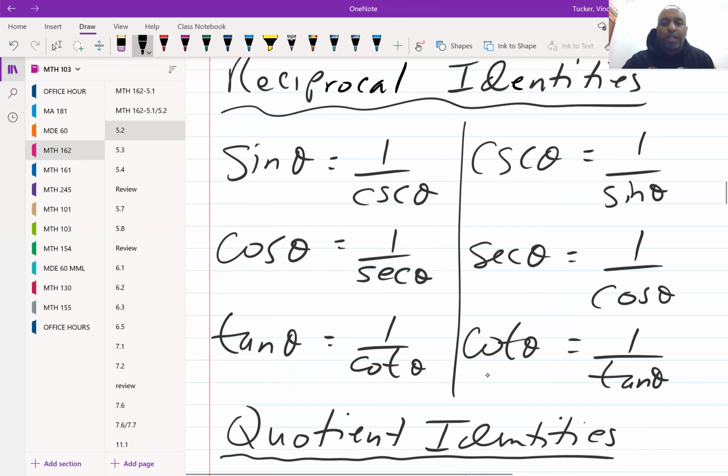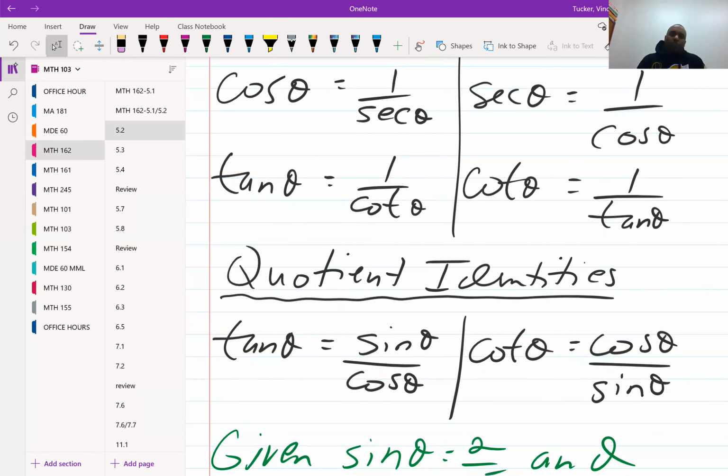All right, so the next set is quotient identities. We know that cotangent and tangent are reciprocals of each other, so they should be the fractions flipped. But what we're emphasizing here is that tangent is sine over cosine.